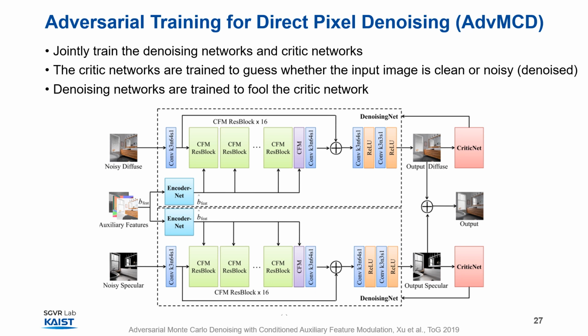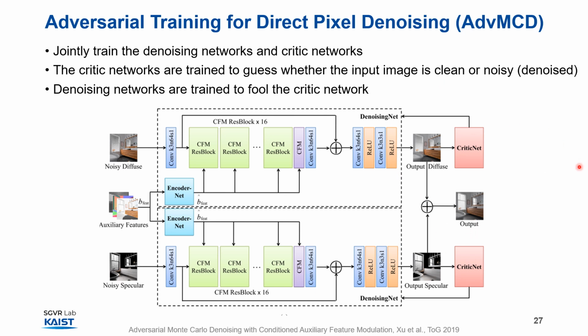However, there is a way to achieve par or better results using direct image prediction instead of kernel prediction. This work utilized adversarial training to make the denoising network directly estimate the denoised pixels. They jointly train the denoising network and the critic network.